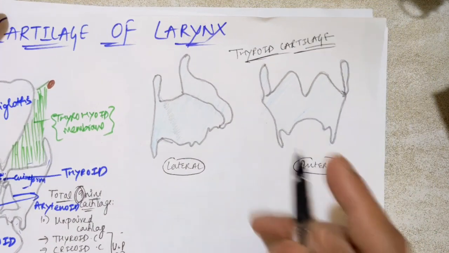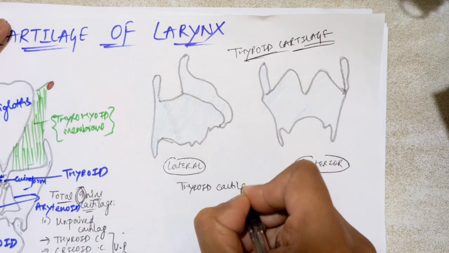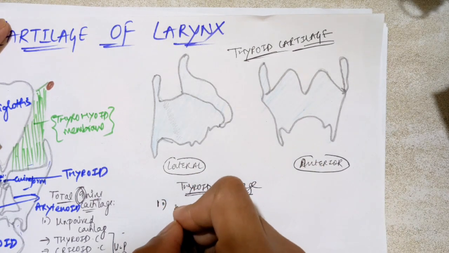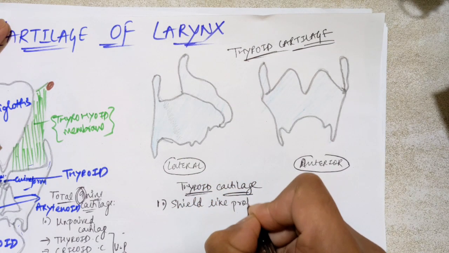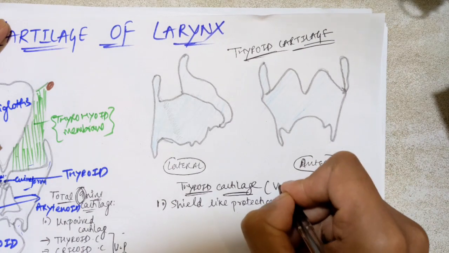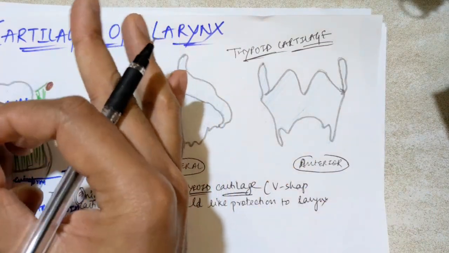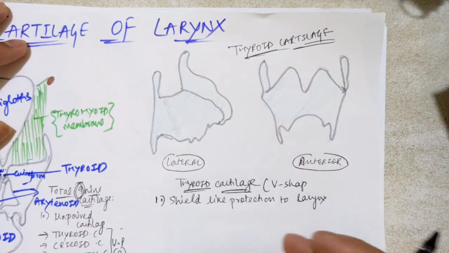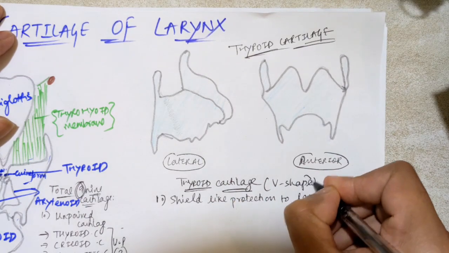Thyroid cartilage gives, from the anterior side, shield-like protection to the larynx, and it is V-shaped actually. When you see it from the superior side, you can see the thyroid cartilage is V-shaped. So it gives shield-like protection and is V-shaped.